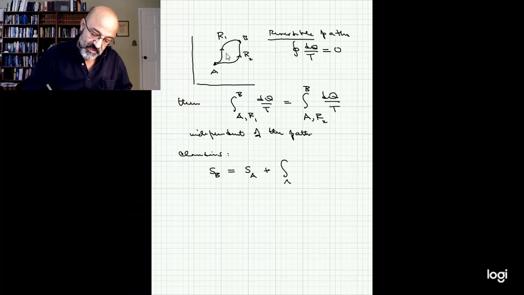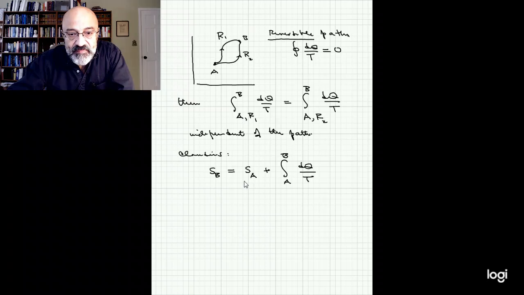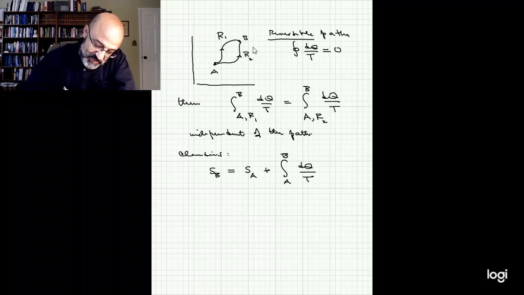This is the integral from A to B of dQ over T. Because it doesn't matter what path you follow, if I give you this constant of integration here at A, I integrate along any path and it gives me the value at B. So this is what allows us to define the notion of entropy.